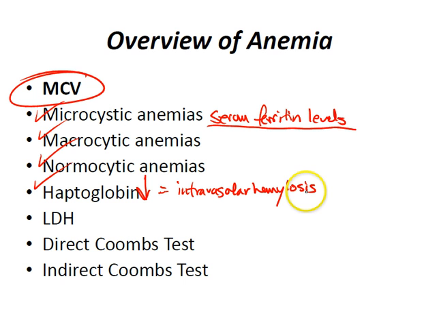If you have a decrease, that would mean more hemoglobin released into the serum. Now, a decreased haptoglobin can also suggest liver disease. The liver cannot produce normal levels of haptoglobin, so that could be another reason why.